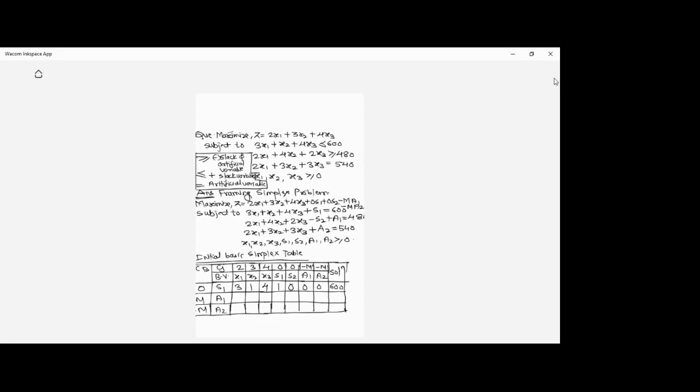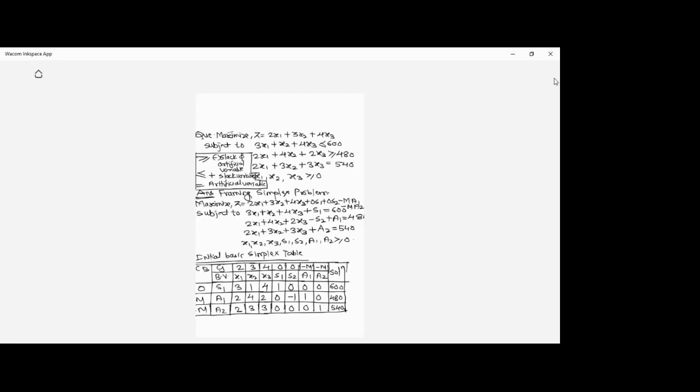Similarly, for the next constraint, we have 2, 4, 2, 0, minus 1, 1, 0, and it is 480. And lastly, we have 2, 3, 3, 0, 0, 0, 1, and here it is 540, right? I'm hoping that you have understood this.